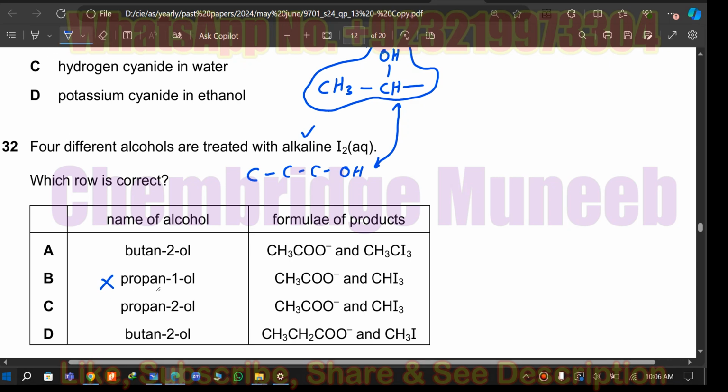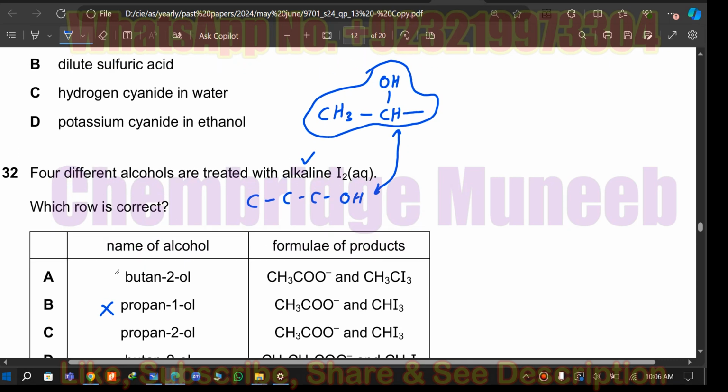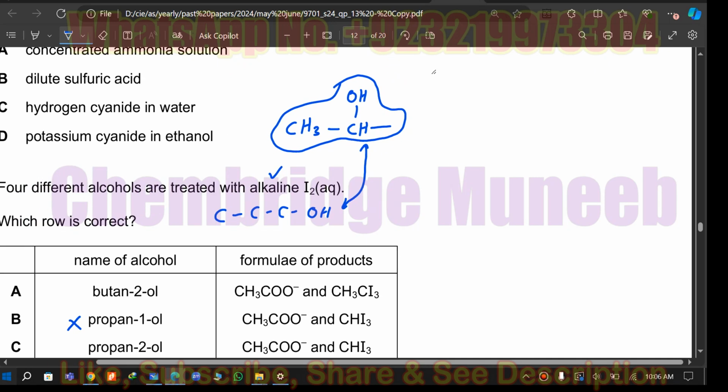So this will become incorrect. Now we are left with options A, C and D. Okay, I'm going to construct the structures of A, C and D. A is butane 2-ol, so I'm going to construct a simple structure for butane 2-ol.